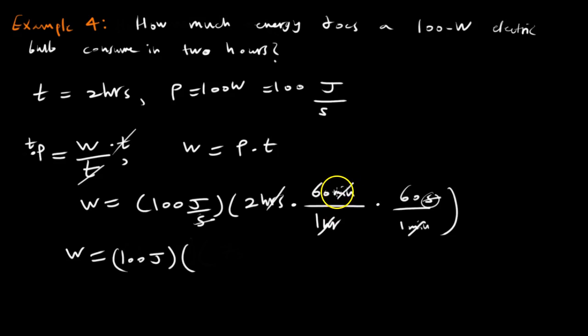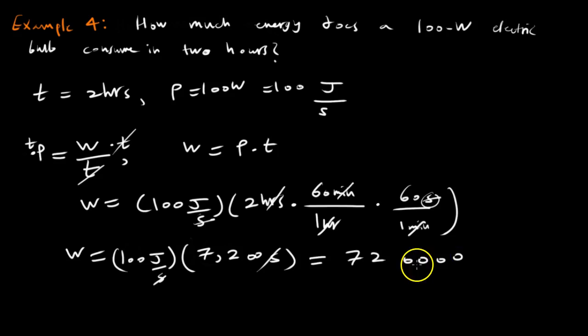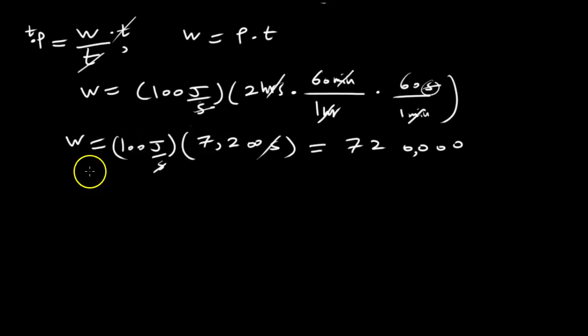Well, 60 times 60 is 3,600, and 2 times that is 7,200 seconds. So that cancels out, and you get another 100 here, multiplied by that. So you're going to end up getting 720,000.